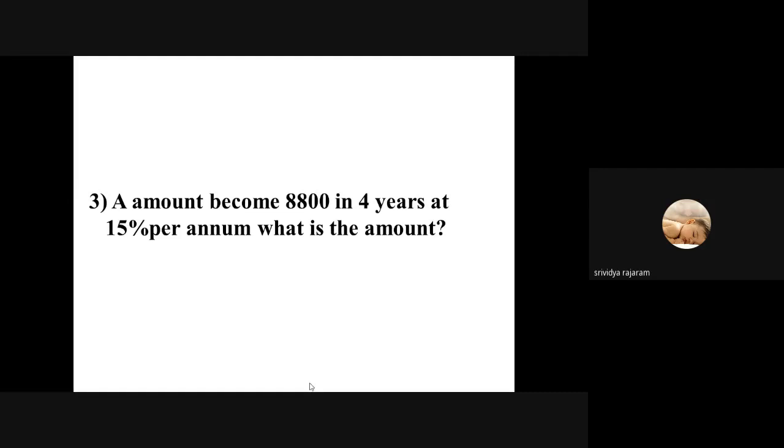Here they are asking us to find the value of P. So the phrase amount becomes is there. So 8,800 is nothing but the value of A here. N is given as 4 years and the rate is given as 15% per annum. So they are asking us to find the value of the principal amount. So try to solve it.